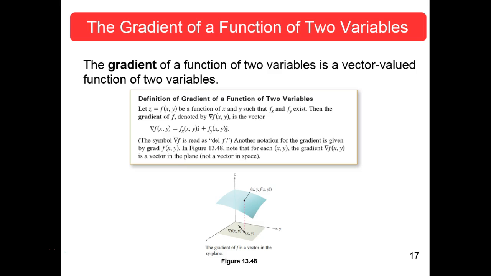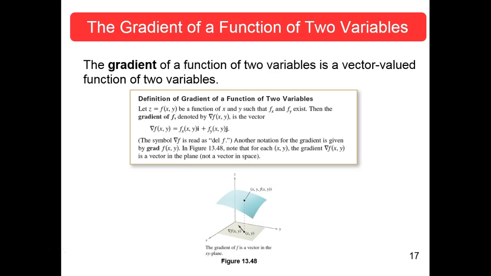Okay. So here's the gradient of a function of two variables. The gradient of a function of two variables is a vector-valued function. Notice the directional derivative is a scalar quantity. But the gradient of a function of two variables is a vector-valued function of two variables. And here's the definition for it.